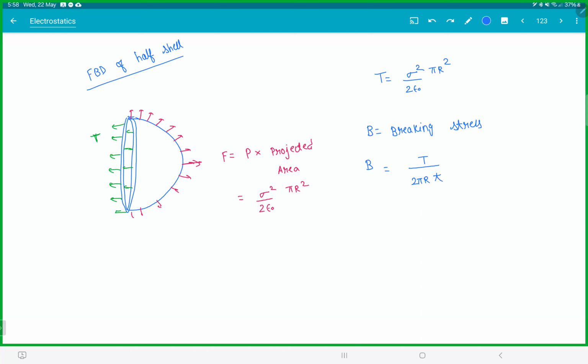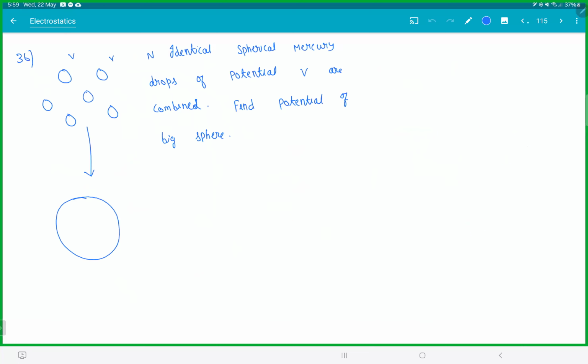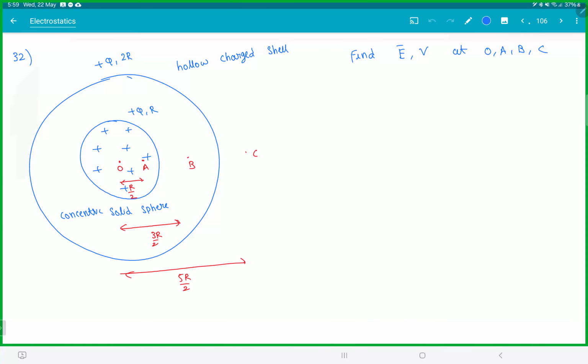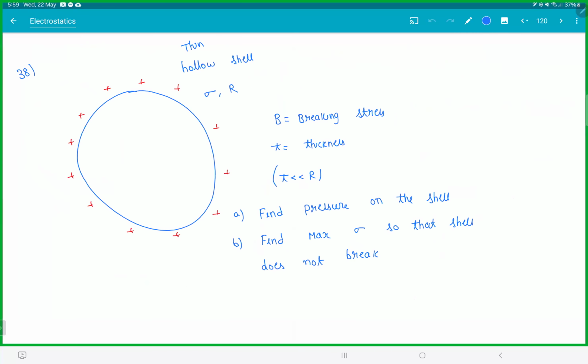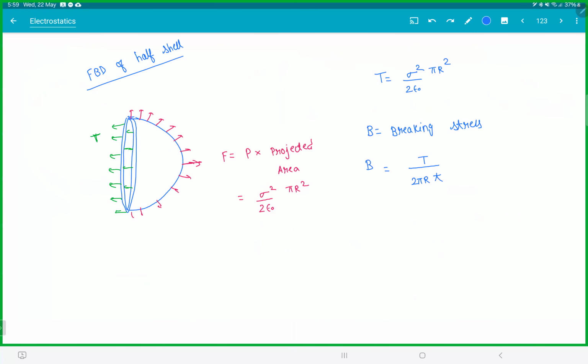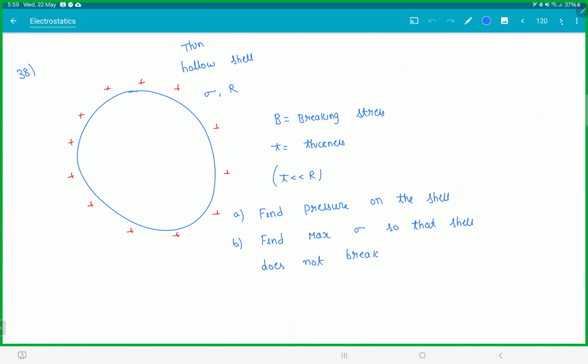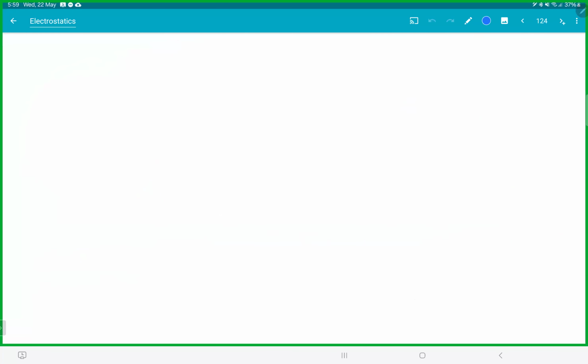Got it, na? Yeah. I hope all clear with this thing. Next thing. Perfect. There are a few more varieties, but then we can do them in gravitation actually. But I think we can, let's do one or two more varieties.